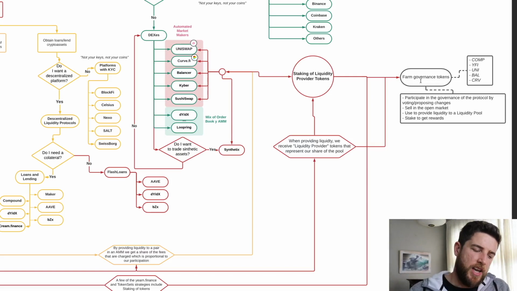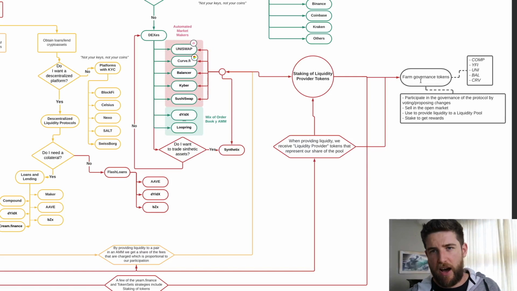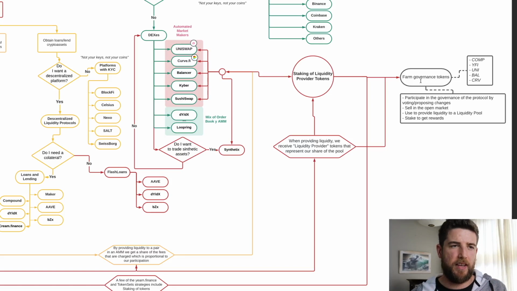It means that you are somehow locking some sort of token and getting a reward based on that lock or that stake. So that's how usually you get governance tokens. Each project has some differences, but that's basically how it is.